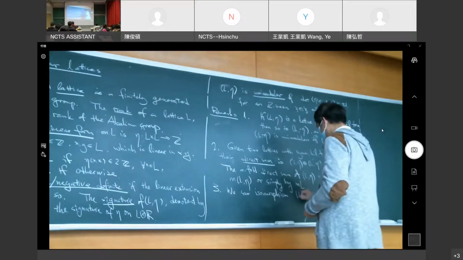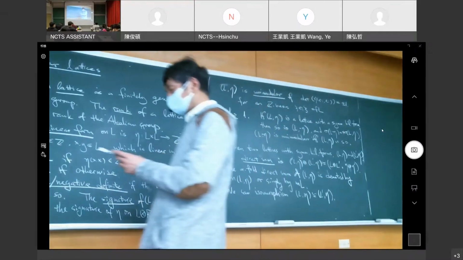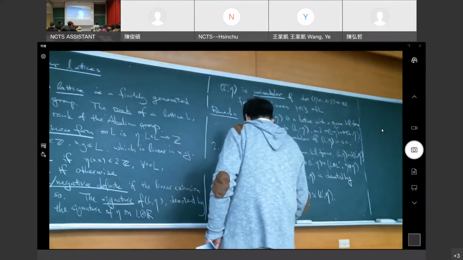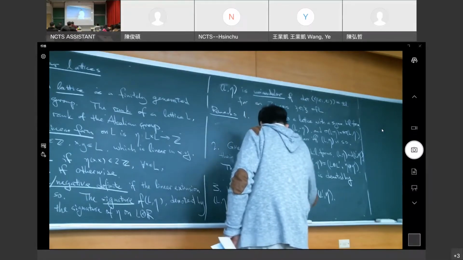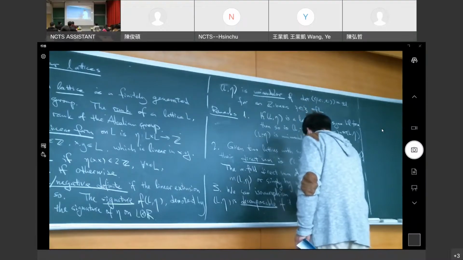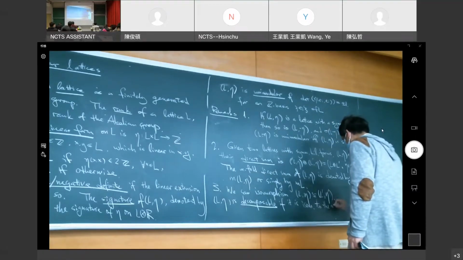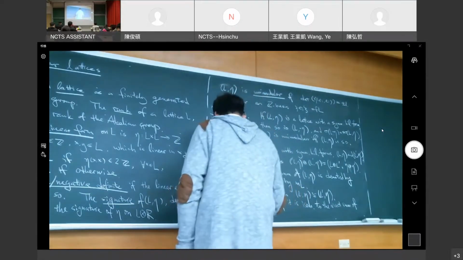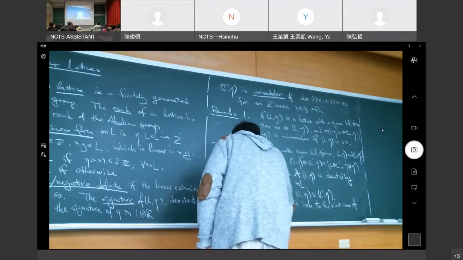And then a lattice is called decomposable if it is isomorphic to the direct sum of two proper sublattices.